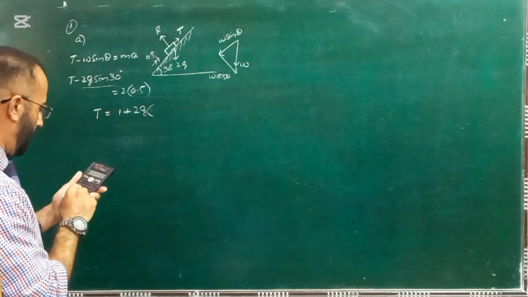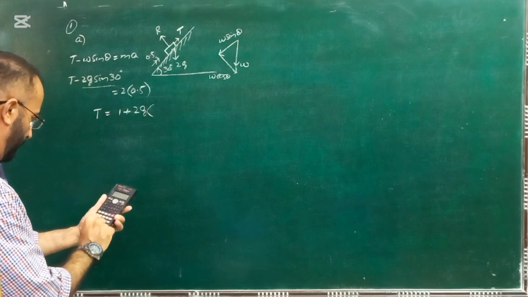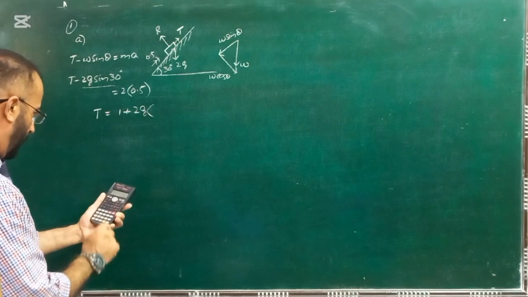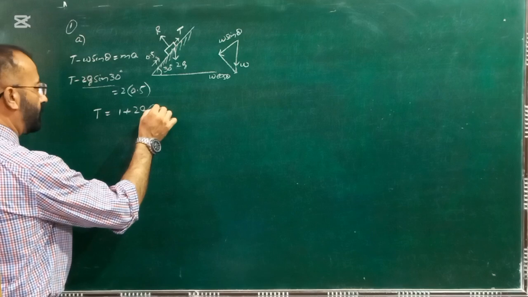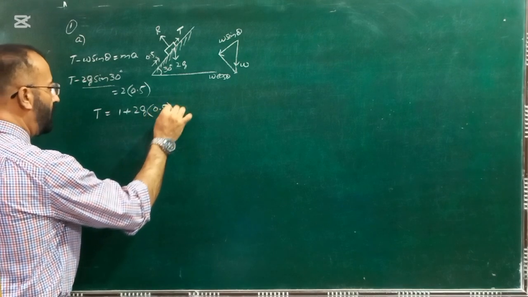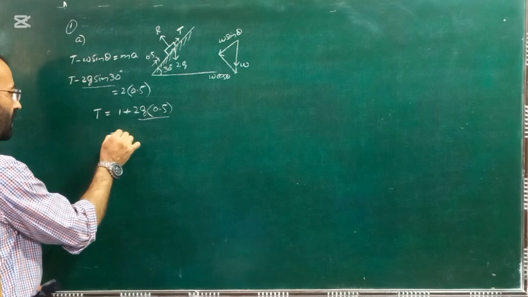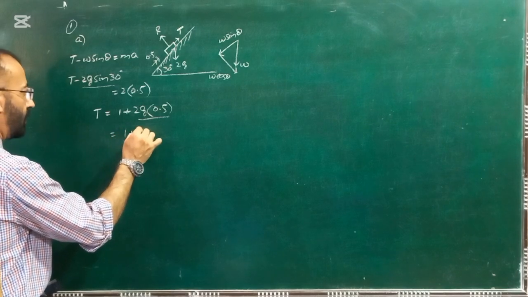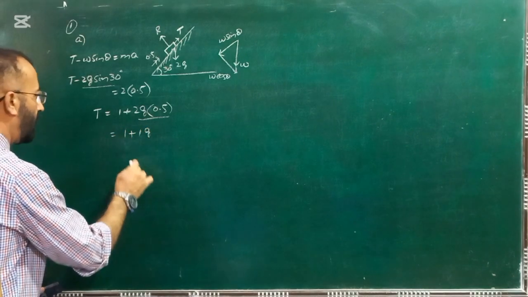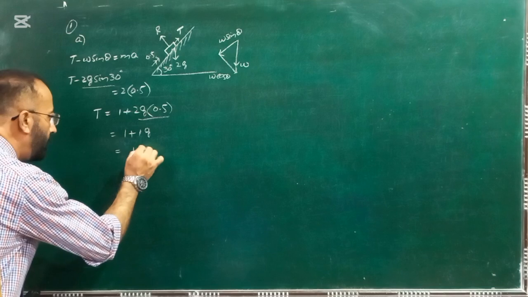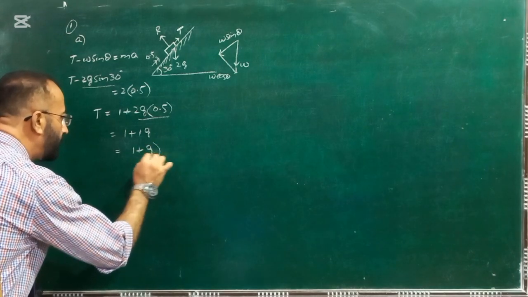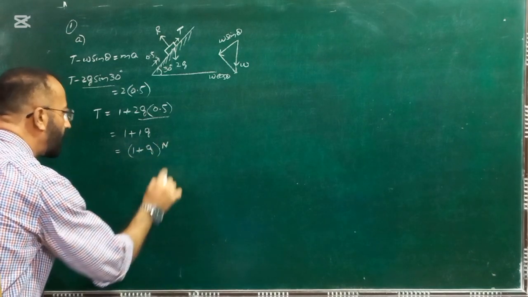Sine 30 will be 0.5. When you solve it on the calculator, you will get 1 plus 1g. So the answer is 1 plus g Newton.